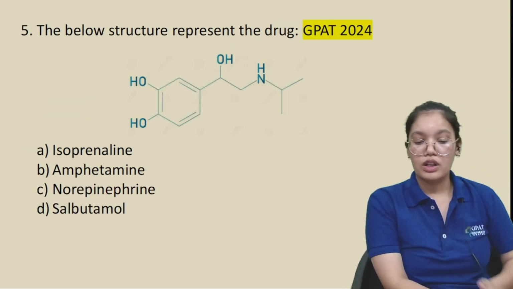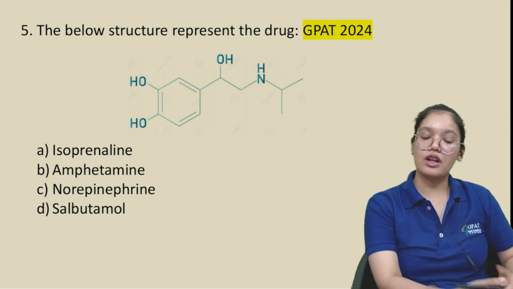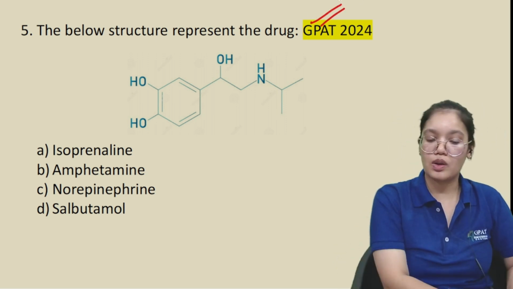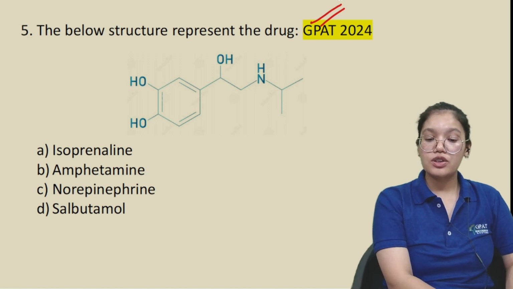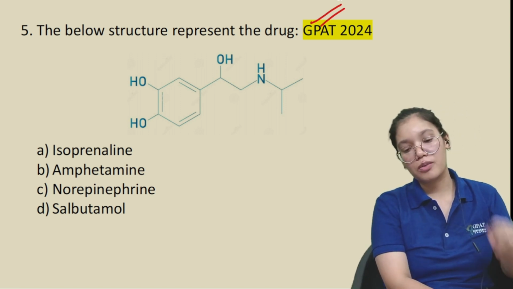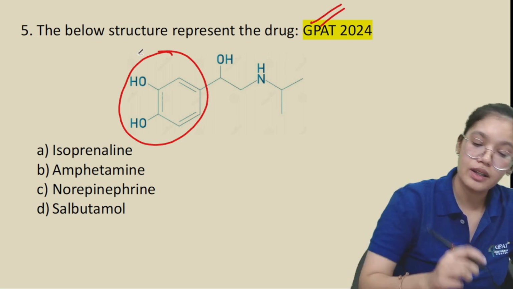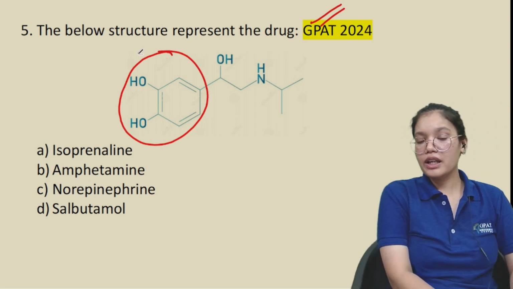Now the next question: the below structure represents which drug? From GPAT 2024 it's the question. The below structure is a catecholamine structure. Is it isoprenaline, amphetamine, norepinephrine or salbutamol? It contains a catechol ring, which means it should be a catecholamine.